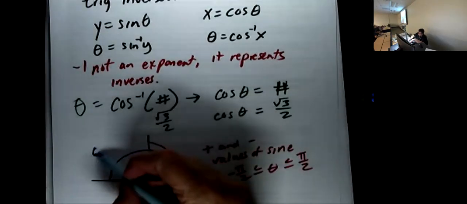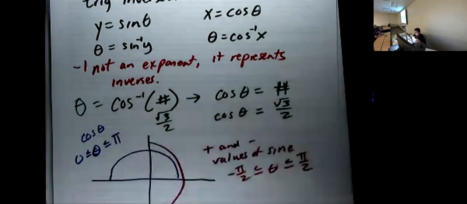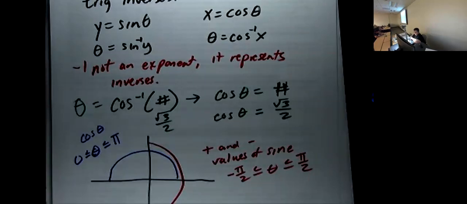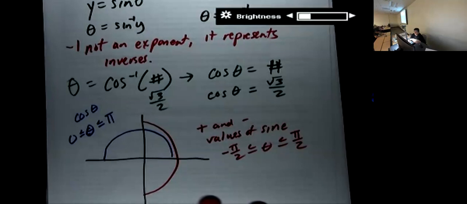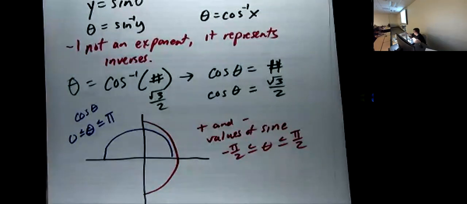So theta for cosine has got to be between 0 and pi. Yeah. The answer would have to be in the range from 0 to pi, right?